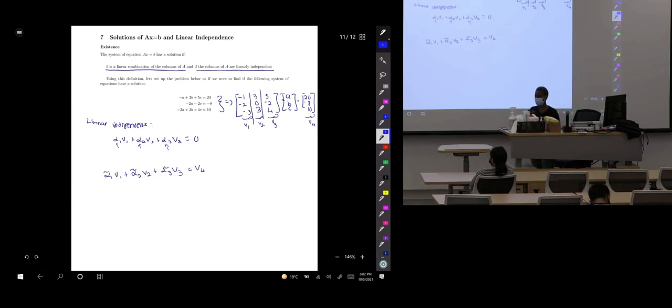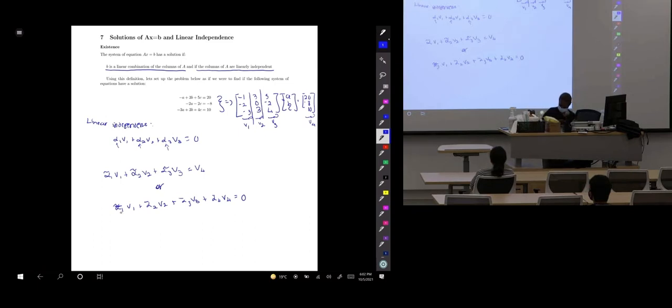We would try to solve for alpha 1 tilde, alpha 2 tilde, and alpha 3 tilde such that we get V4, or we could do alpha bar 1 V1 plus alpha bar 2 V2 plus alpha bar 3 V3 plus alpha bar 4 V4, and try to see if this is linearly independent, right?